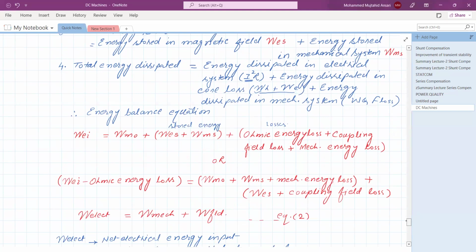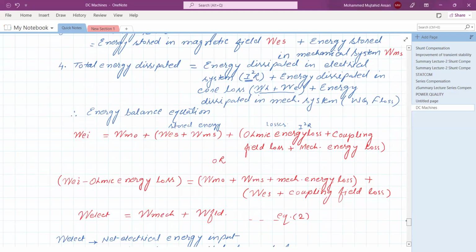So W electrical minus ohmic energy loss. The ohmic energy loss is nothing but the I square R loss. Under such conditions, this is equal to mechanical energy plus mechanical losses, mechanical energy storage, plus some coupling losses, isn't it?